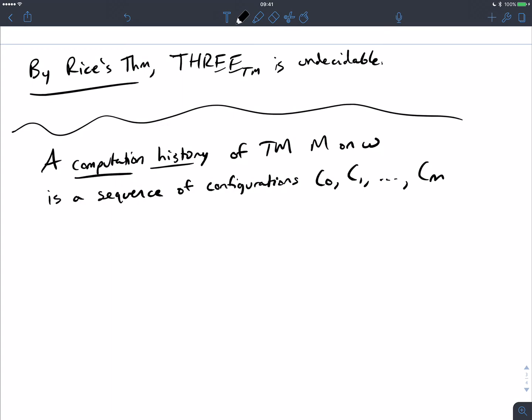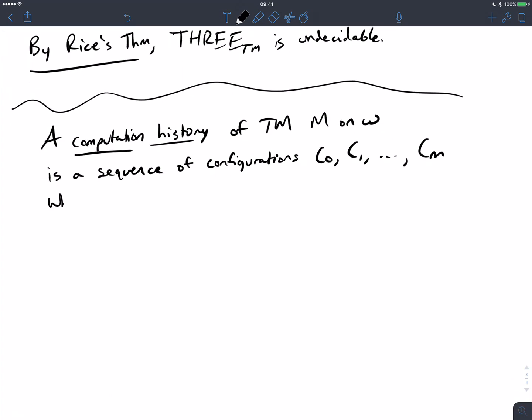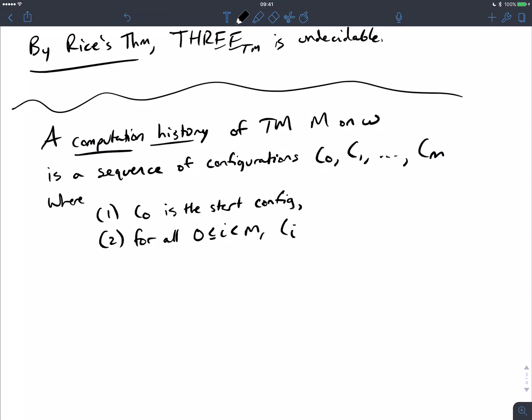C0 is the start config, and for all values of i between 0 and m minus 1, Ci yields Ci plus 1.